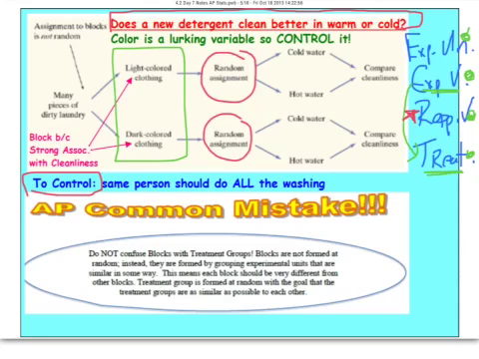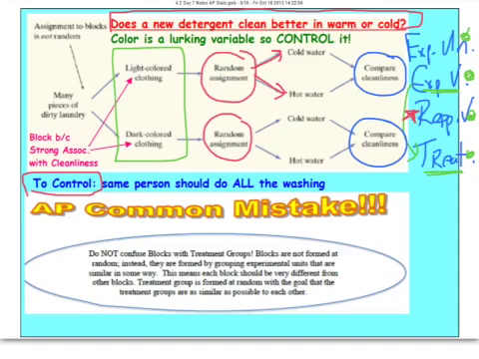By randomly assigning the clothing to either the hot or cold water, that's going to take care of any other lurking variables I couldn't control. Conduct the experiment, come back, and actually compare the cleanliness of just those light colored clothings to each other and make a conclusion with that. Then you would do the same thing with the dark color clothing and make a comparison with that.